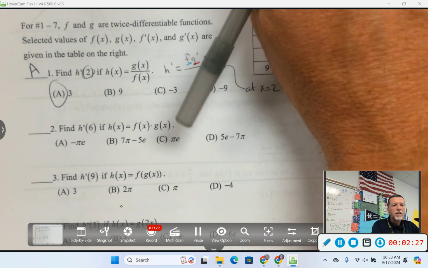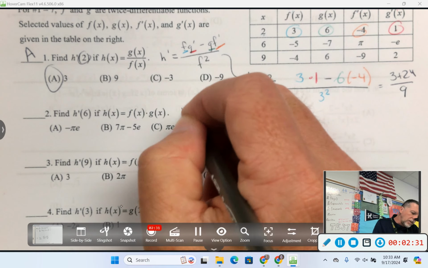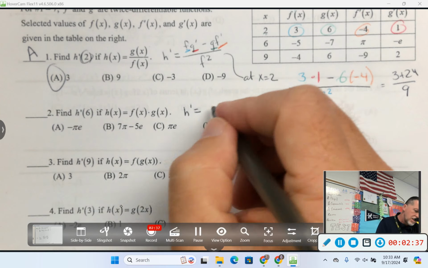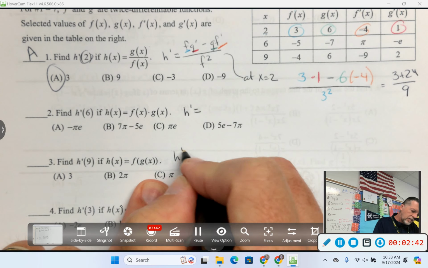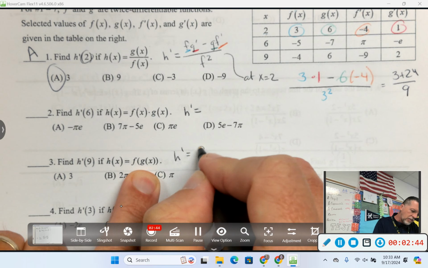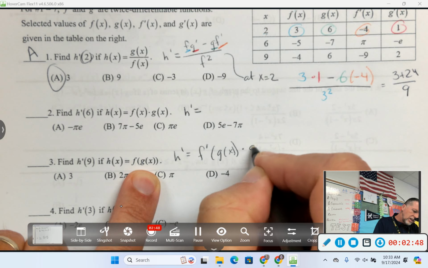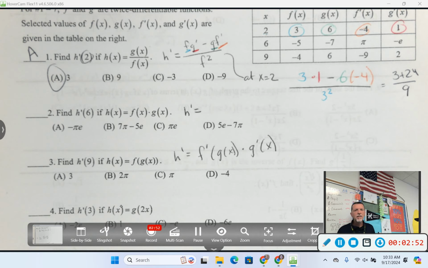Number 3, f of g of x. So this derivative is going to be outside in, product rule, or chain rule, one layer at a time. So the outer layer is f, so f prime, leave the inner stuff alone, times the derivative of g, the derivative of the inside.